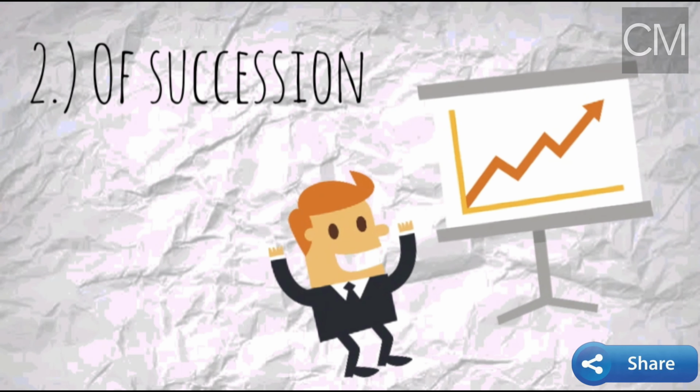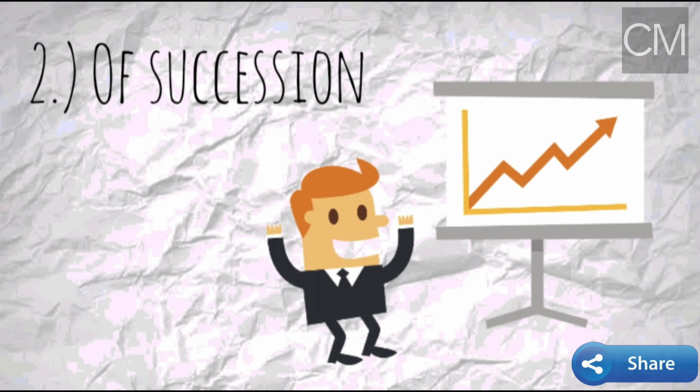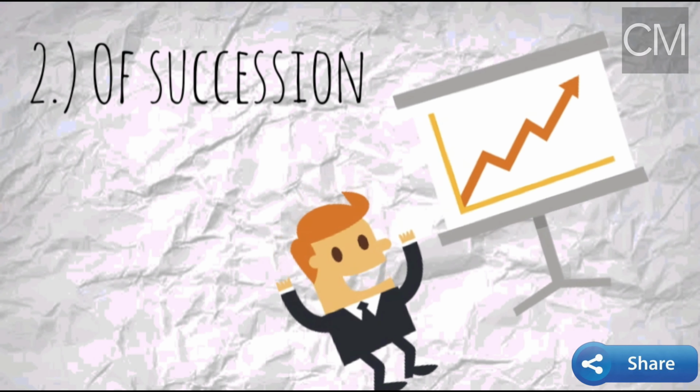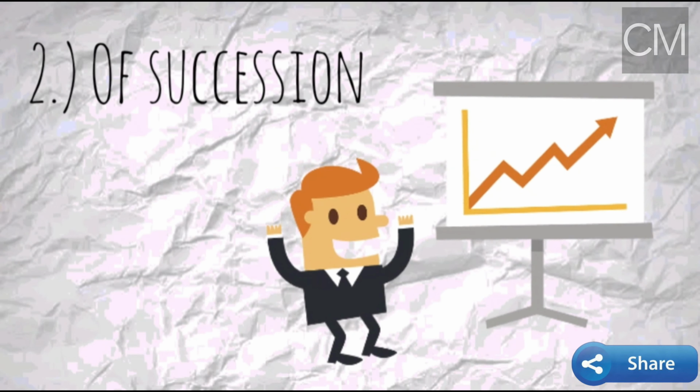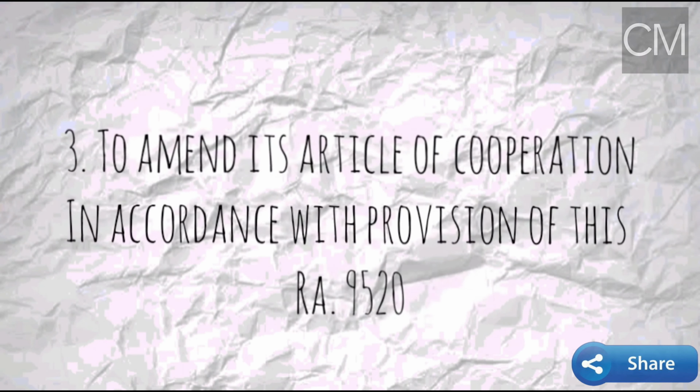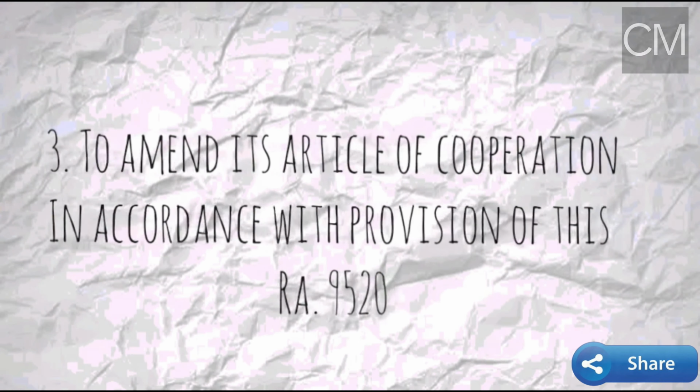Second, of succession. Since we all know that the cooperative was formed by common and shared interest, that's why it will likely succeed. Third, to amend its articles of cooperation in accordance with the provisions of this RA 9520, meaning it refers to changes for legitimate purposes in any provision stated in the articles of cooperation.